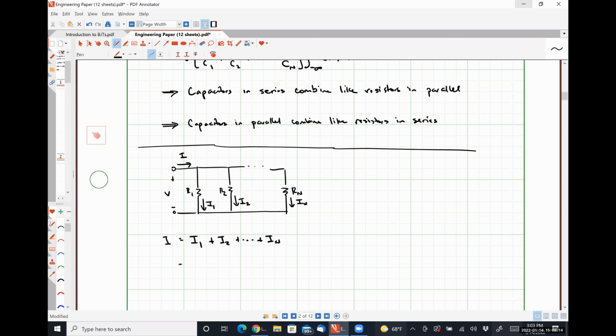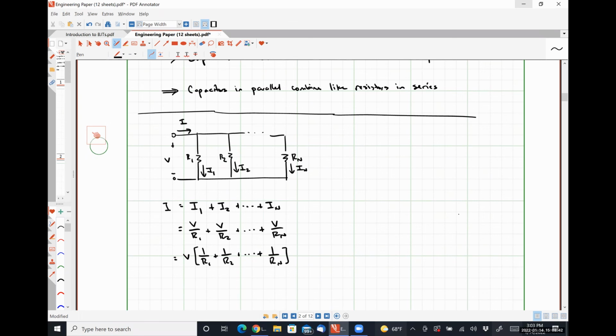Which means V over R1 plus V over R2 plus V over Rn, or V multiplied by 1 over R1 plus 1 over R2 plus 1 over Rn.